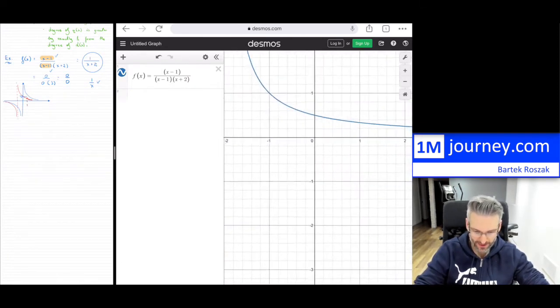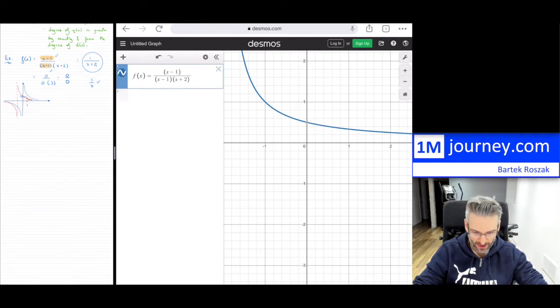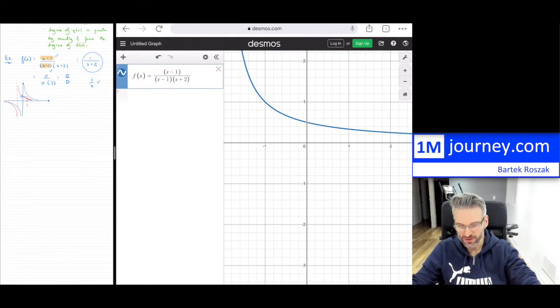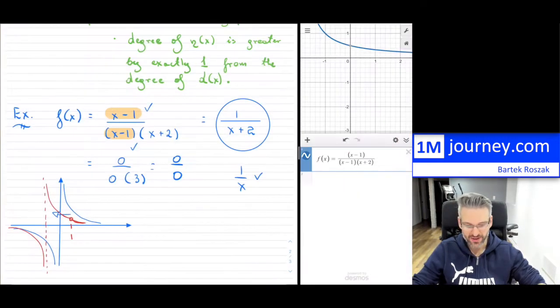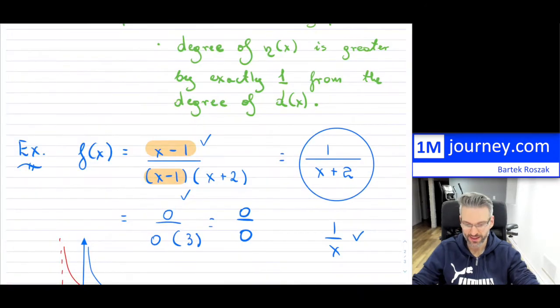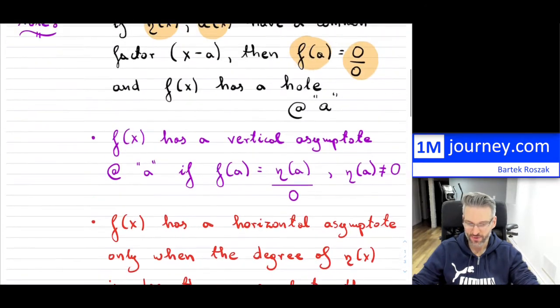But notice that if we try to go along here at 1, it shows us that it's undefined, right? There's a hole there, because of the fact that we have that x minus 1 on top and x minus 1 at the bottom. So this is one interesting aspect that happens with respect to these rational functions.